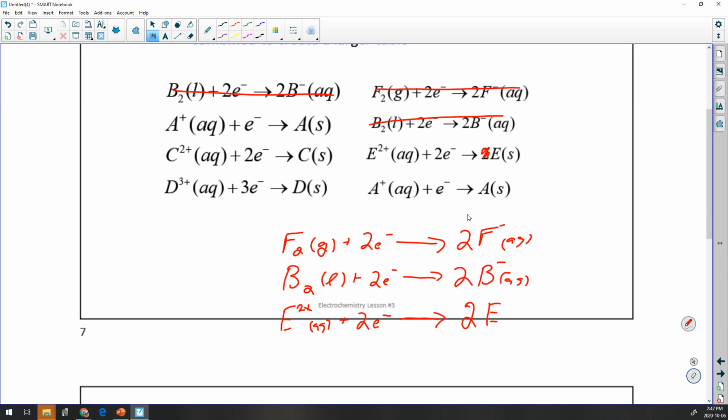All right, I'm going to get rid of that 2 because that doesn't need to be there. We're just forcing them together like this. And then, okay, what do we have left?